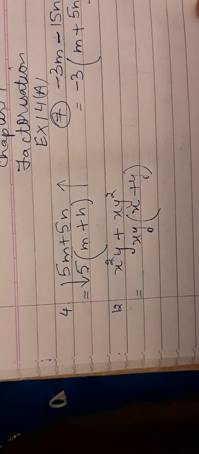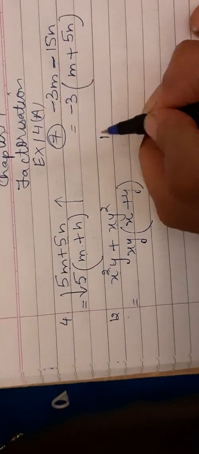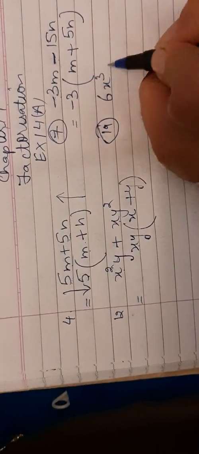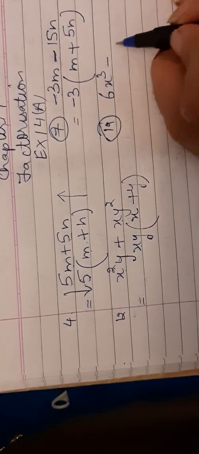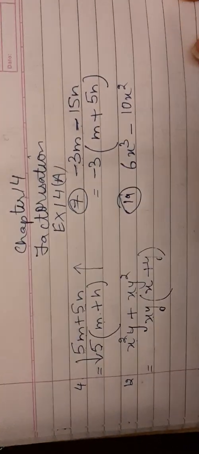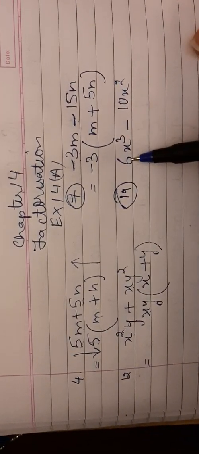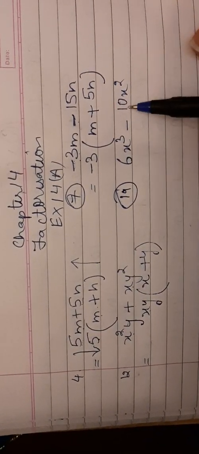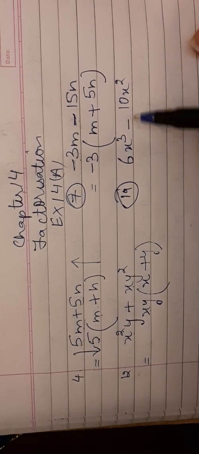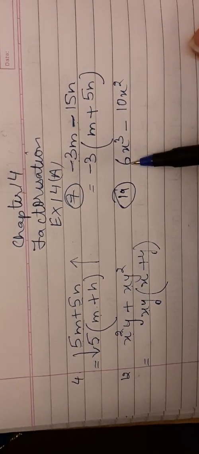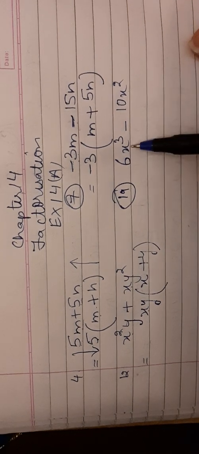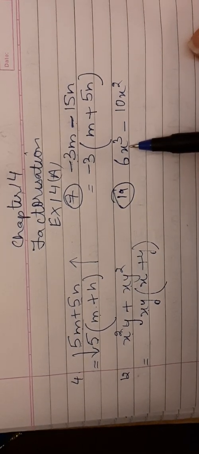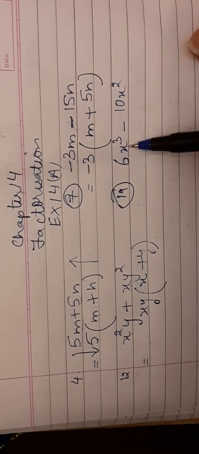Now I am taking up the 19th question. 19th question is having the expression as 6x cube minus 10x square. Now take the highest common factor outside. Now you see that 6 and 10 are having the common factor as 2. And x square and x cube are having the highest power common as x square.